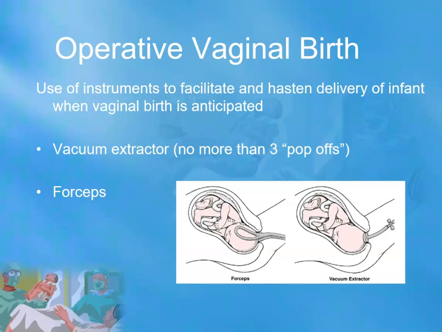But as far as pulling the baby out, I've had some really bad experiences. Like, I thought a doctor took a baby's head off one day. She was pulling so hard with those forceps. I'm glad that they've governed that a little bit more strictly, because it is kind of scary. But these are some operative vaginal birth instruments or devices that can be used.